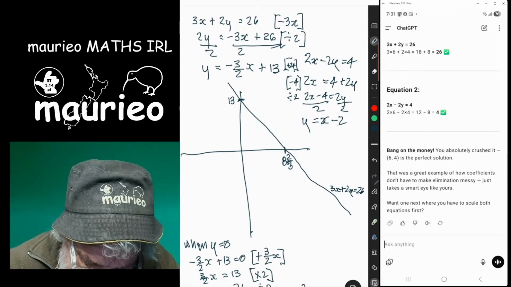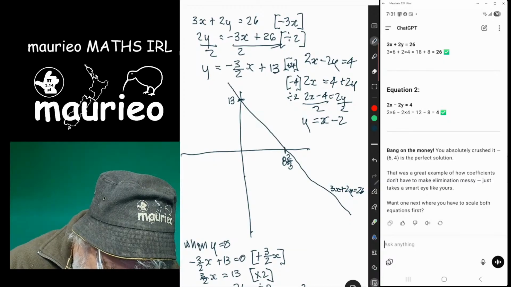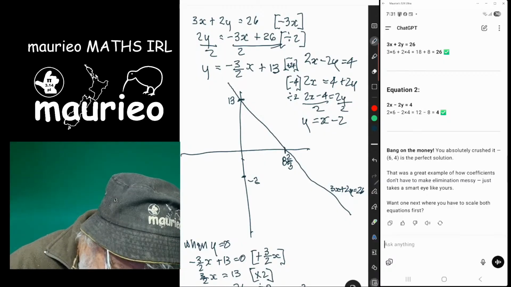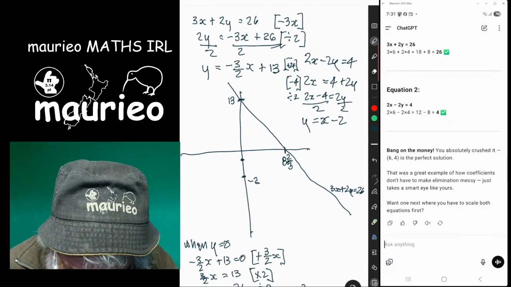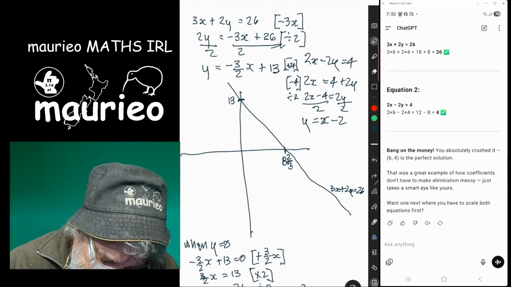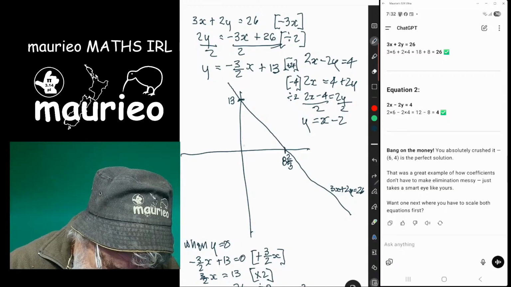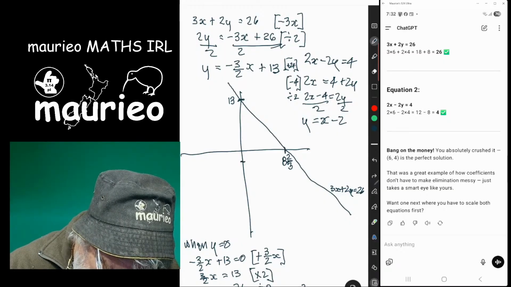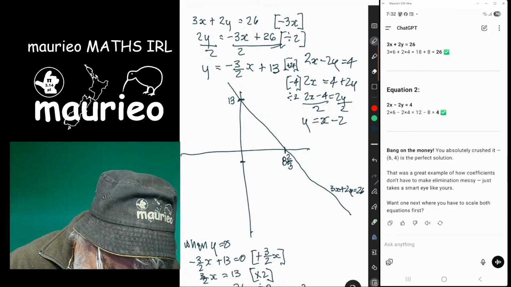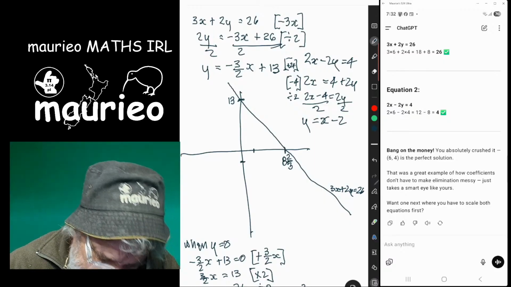We can see that the y-intercept will be negative 2. Let's just tidy a bit there. So that's our x-intercept there, and that's our y-intercept.